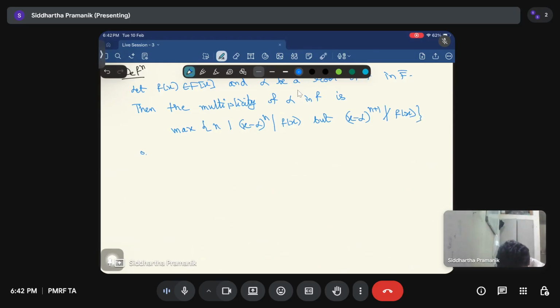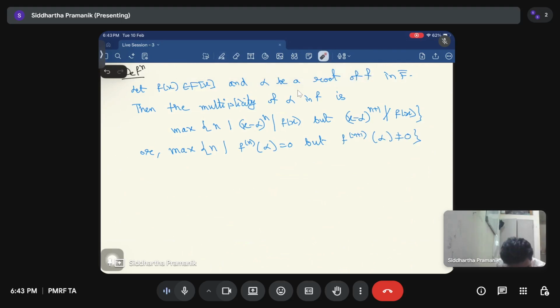Or equivalently, it is the maximum n such that the nth derivative of f evaluated at alpha is 0, but alpha is not a root of the (n plus 1)th derivative.